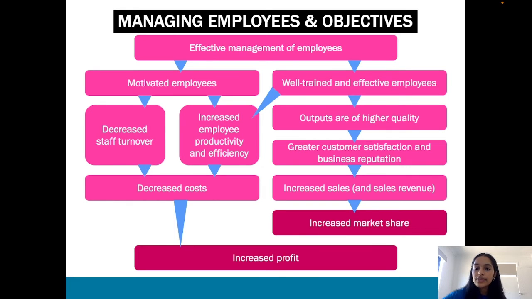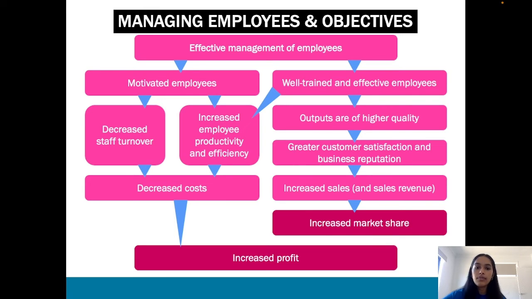And that means there's greater customer satisfaction and business reputation, increased sales and revenue, and also greater market share. For example, if we think about CommBank, if the employees are well trained, they're a lot more productive. If they're trained in how to use the software and the banking systems, they can help their customers a lot better and take less time. Customers, when they go to the bank, just want a quick service.